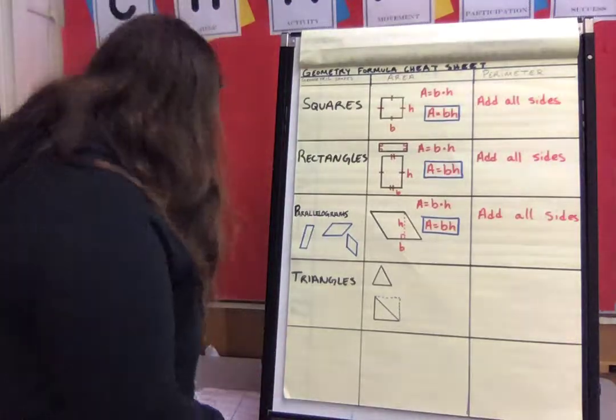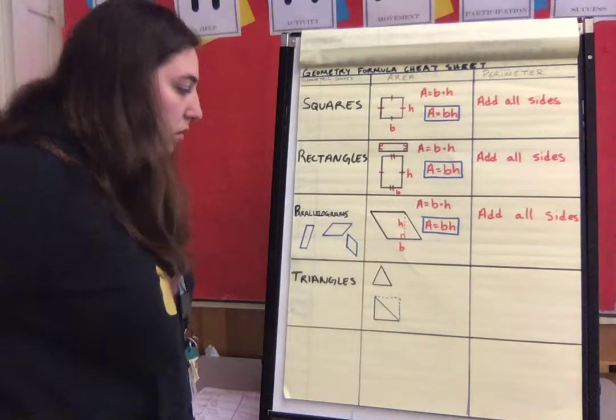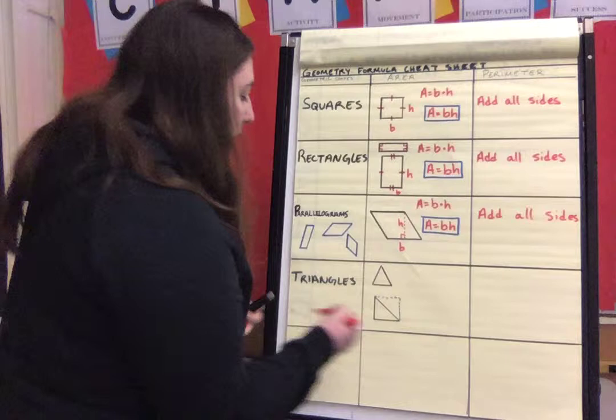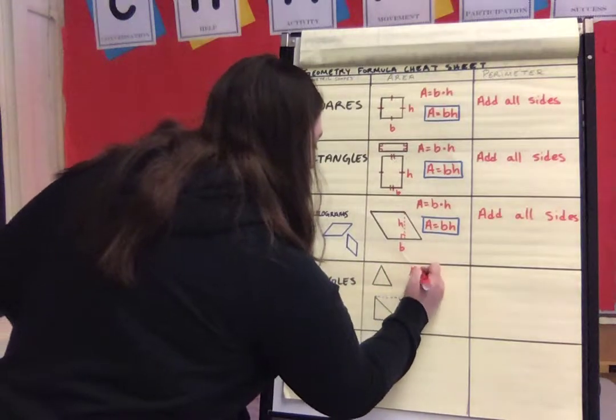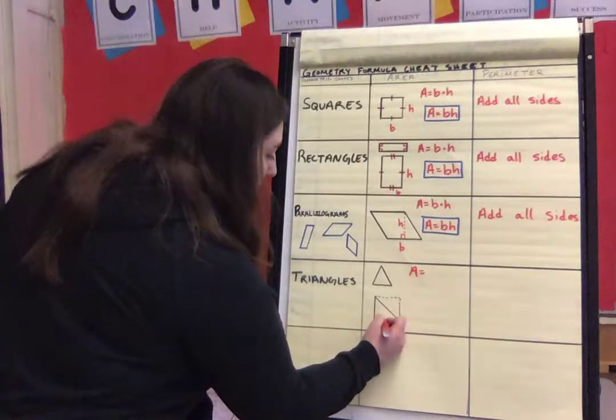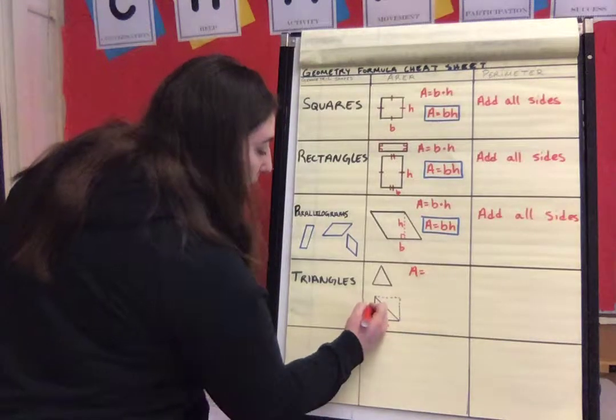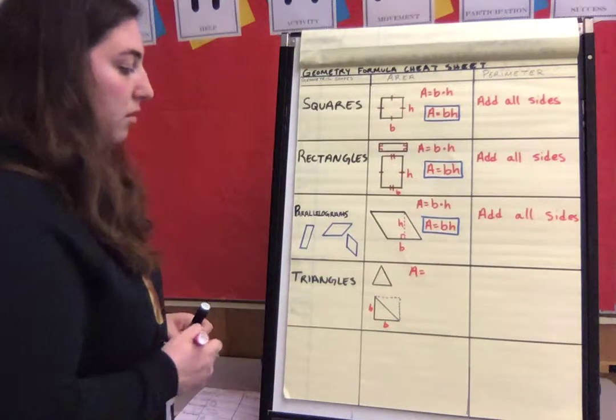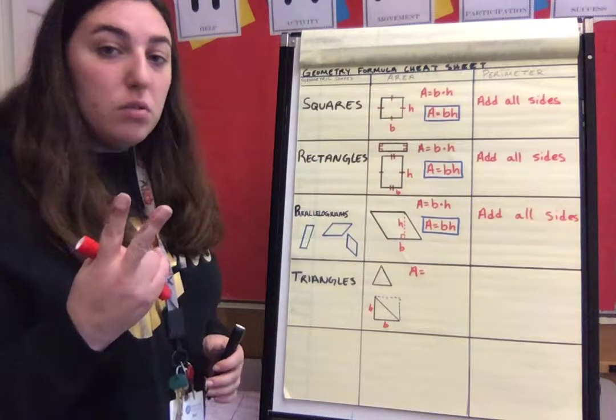So the area of a triangle is going to be the base times the height divided by 2.